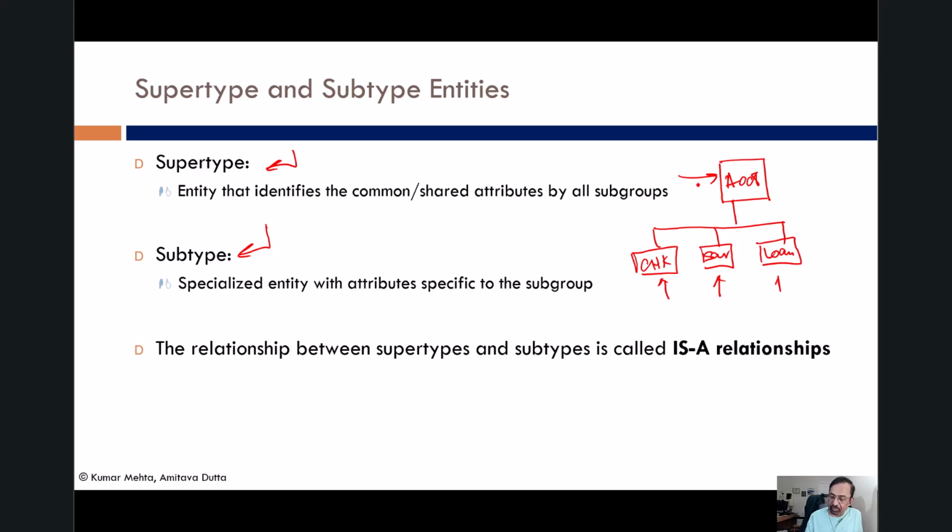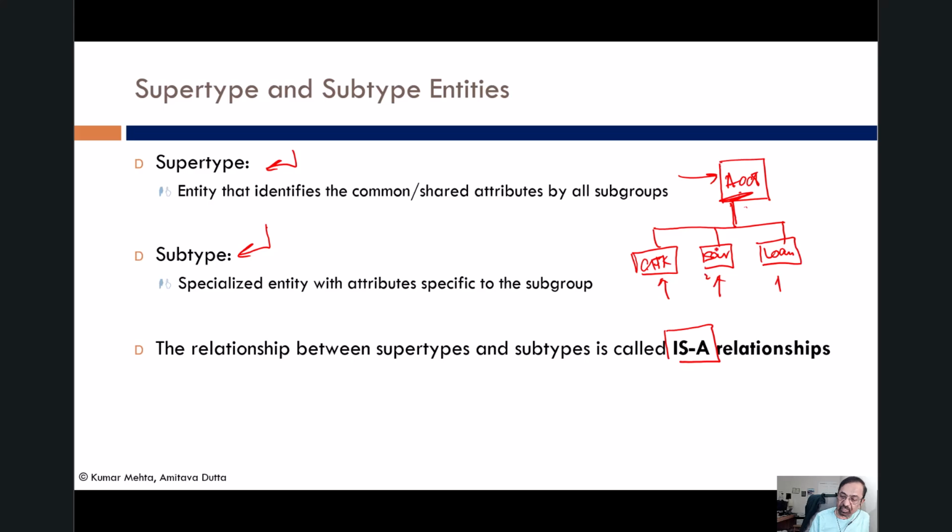Remember, relationships are always represented by lines. So these lines connecting the supertype and the subtype always have a name associated with them. These connections between the supertype and the subtype are called an is-a relationship. So a checking account is a type of account.